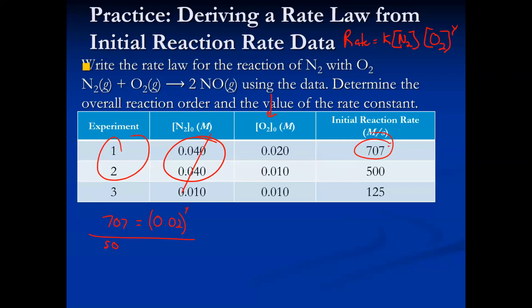And then 500.01 to the Y. Then you put those in your calculator, you do the logs, and this one people had a little bit of trouble with. You end up with 107 divided by 500. So when you end up with this, you end up with Y equals 1/2.